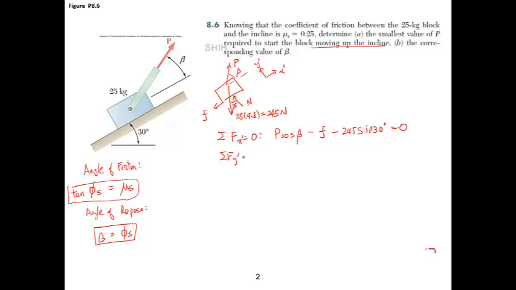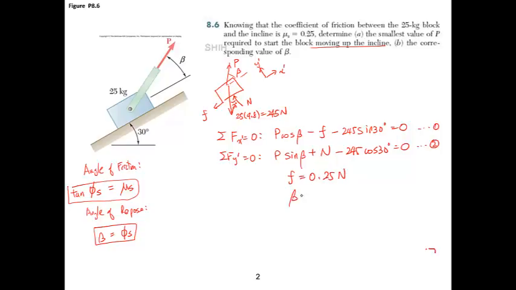Summation of my forces in y prime equal to 0: I'm going to have the normal minus the component of the weight, 245 times cosine 30, plus the component of P, equal to 0. That is equation 1 and equation 2. My third equation is friction equals mu s times N.